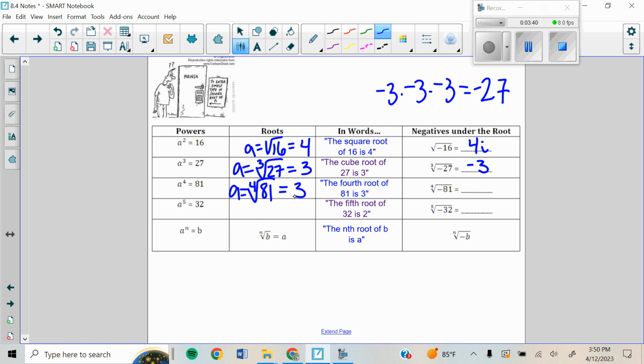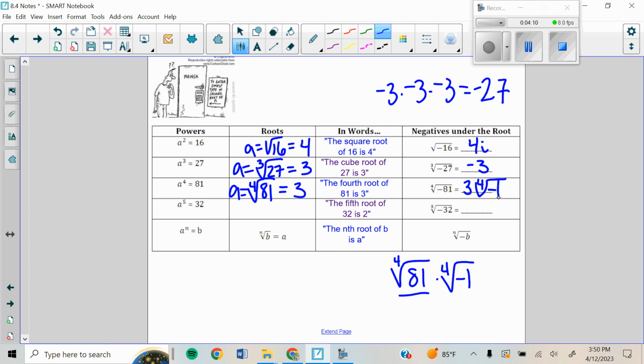So what we need to do for this one is break it out into the 4th root of 81 times the 4th root of negative 1. So once we pull that negative out, now we can actually do the 4th root of 81. We just found that before is 3, and then it's going to be times the 4th root of negative 1. We can't pull an i out because i is the square root of negative 1, and we can't pull it out because we're taking 4th roots.